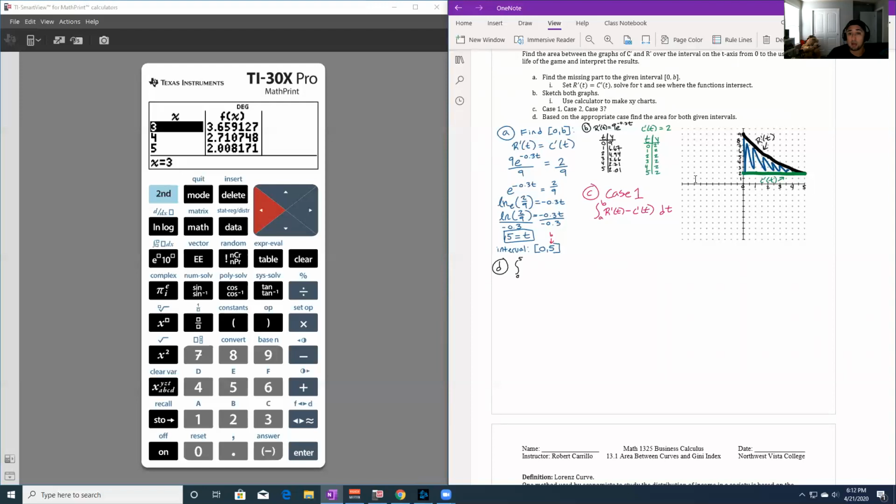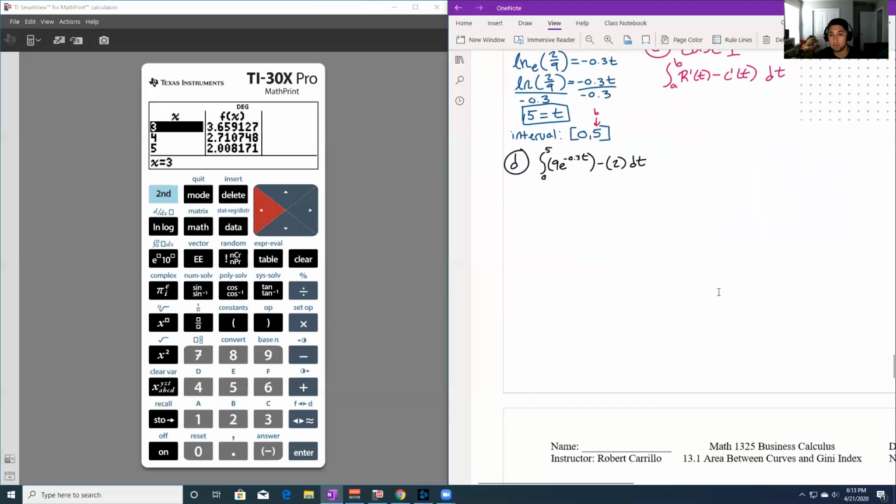And remember, r prime of t is 9e to the negative 0.3 t minus c prime of t, which is 2. dt.